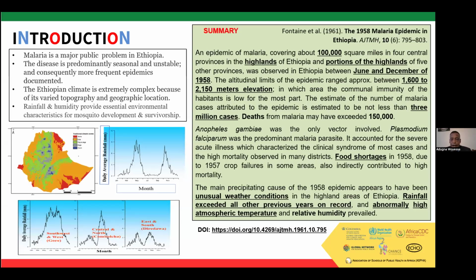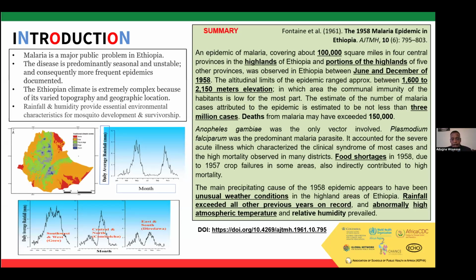These are areas with populations with low immunity because of the seasonality of malaria. That means infection is very low in those areas or absent. By that time, about 3 million people were affected, and 150,000 people were estimated to die because of malaria.